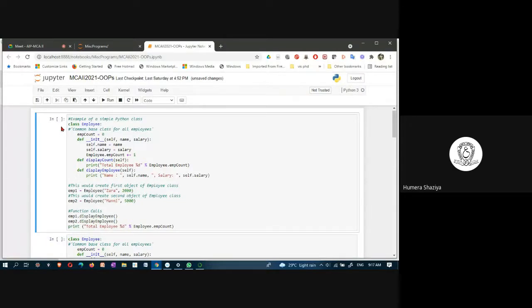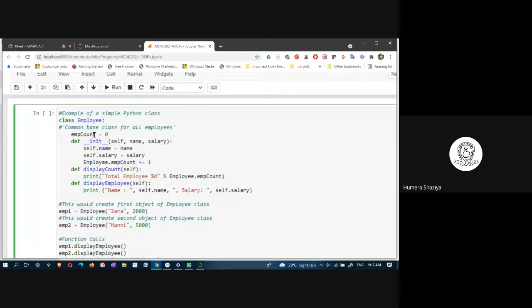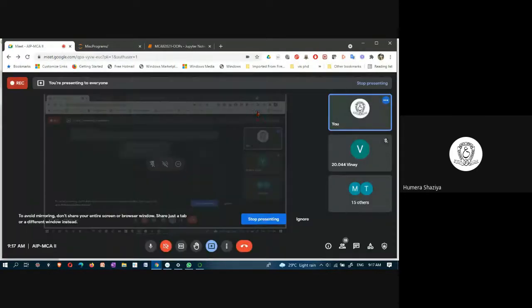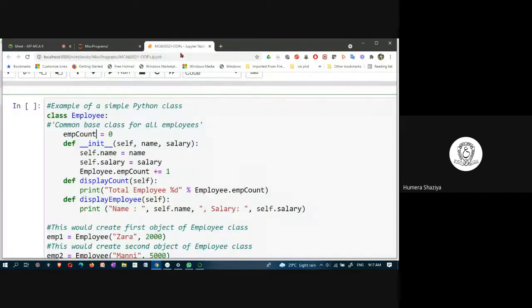Now, please find here there are no numbers, which implies that these have not been executed now. We learned that in order to create a class, the syntax is the class keyword followed by the class name and ending with a colon. This is the syntax to create a class in Python.